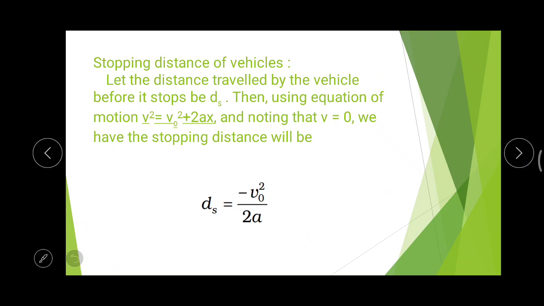Now come to the stopping distance of a vehicle. For that you will be using the third equation, that is v square is equal to v0 square plus 2ax.